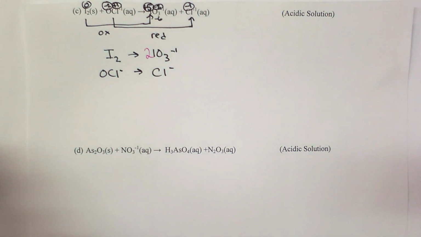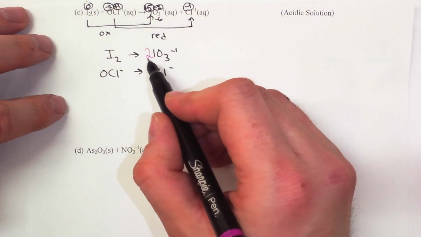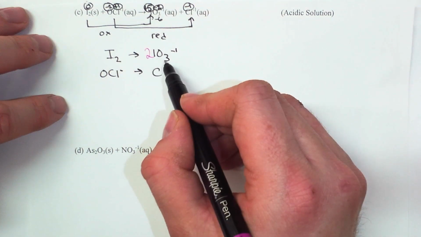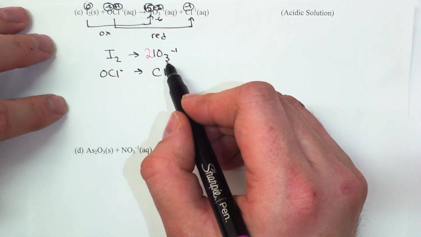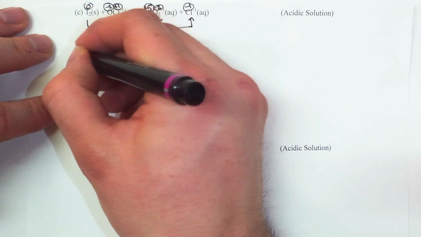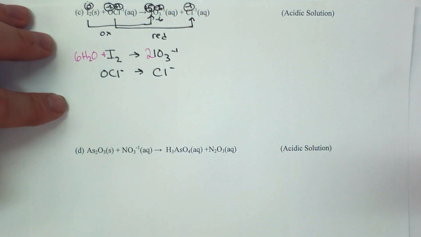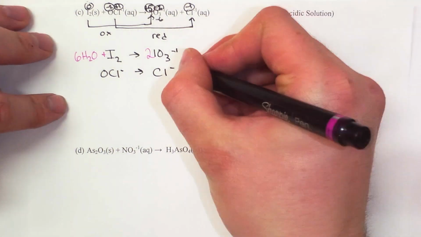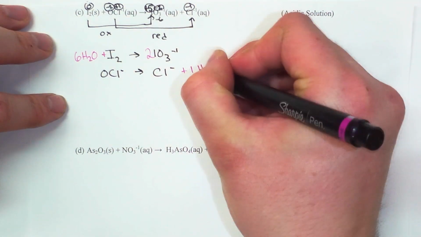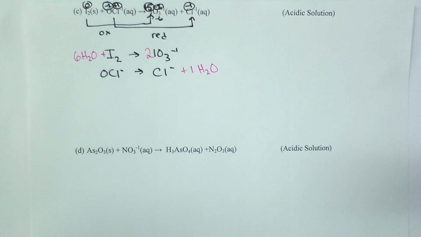Now add water to counter this. So we have 2 times 3, we have 6 oxygen on the right side. So I'm going to add 6 water to add the 6 oxygen to the other side. Plus 1 H2O on the other side. Count.